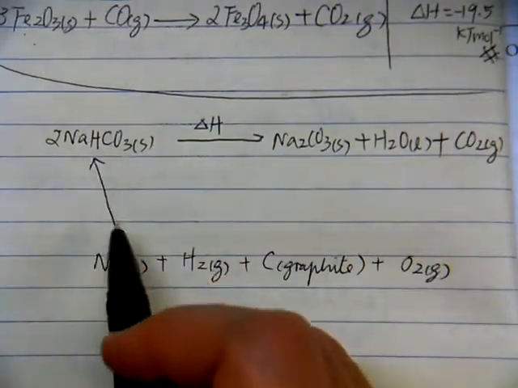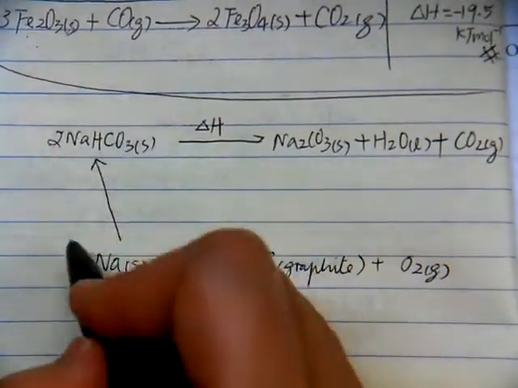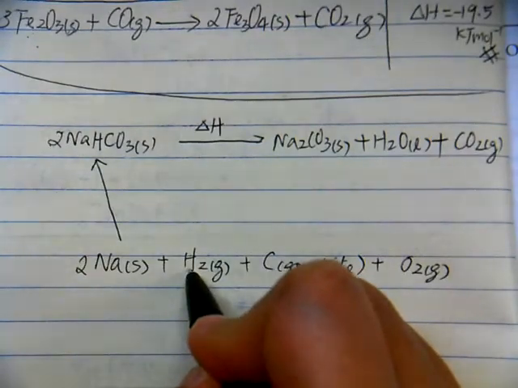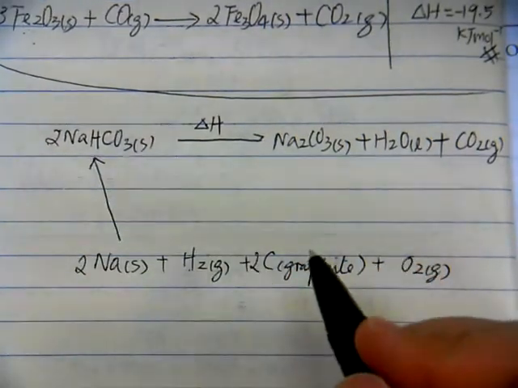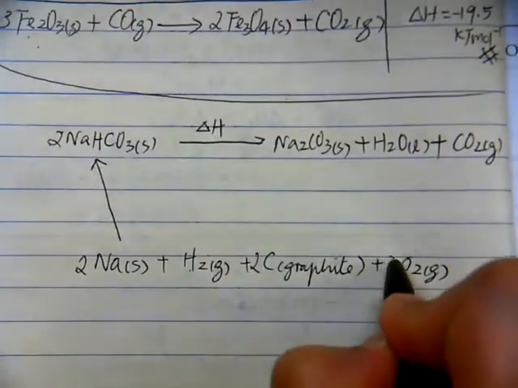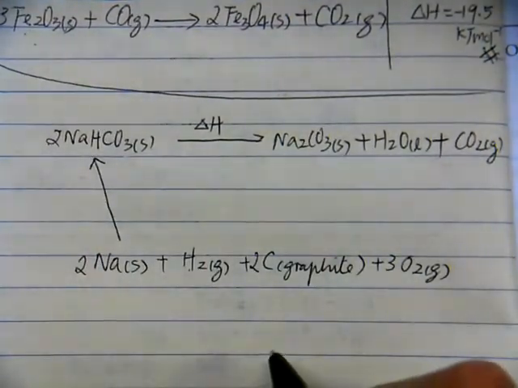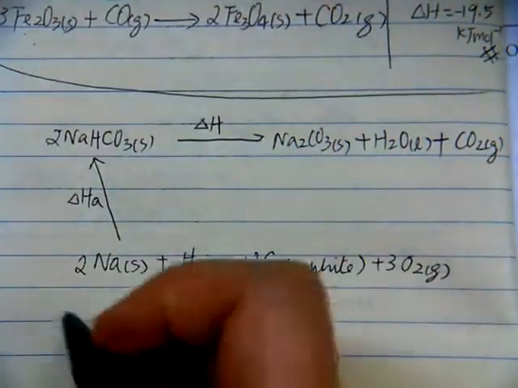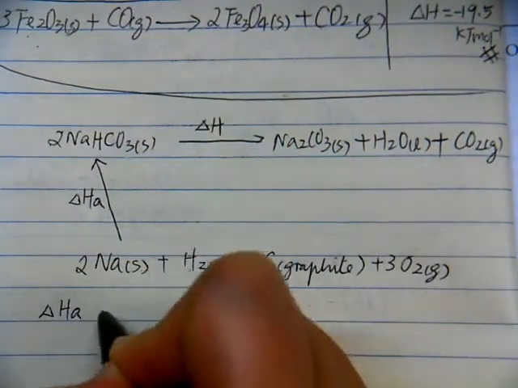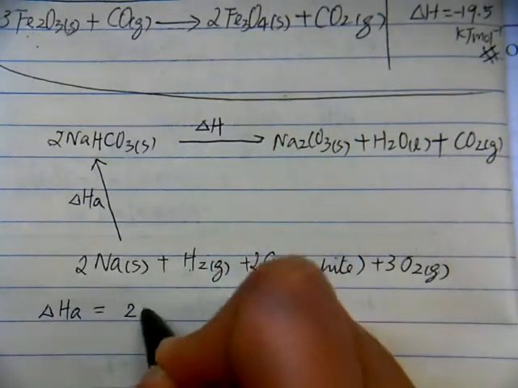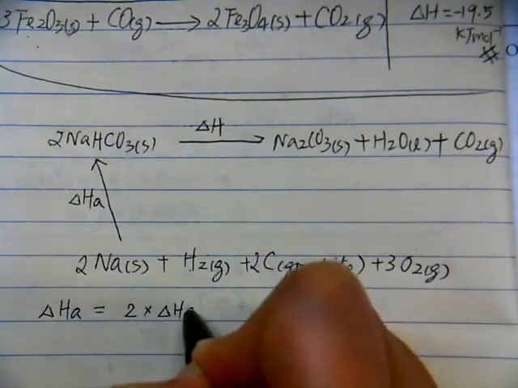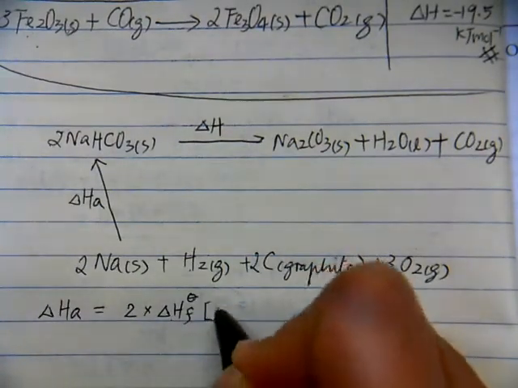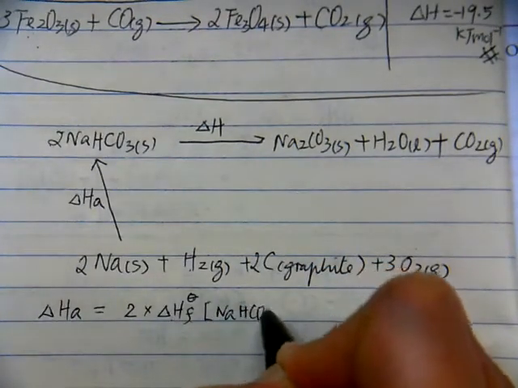Next, we need to balance this equation. 1 H2, 2 graphite, and 3 O2. Do you understand? I label it as delta HA. Delta HA actually is 2 times the standard enthalpy change of formation of sodium hydrogen carbonate.